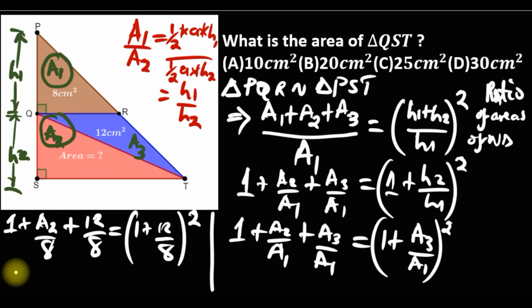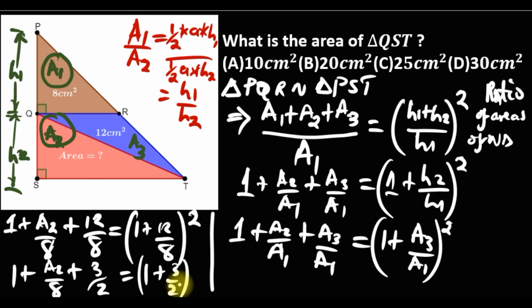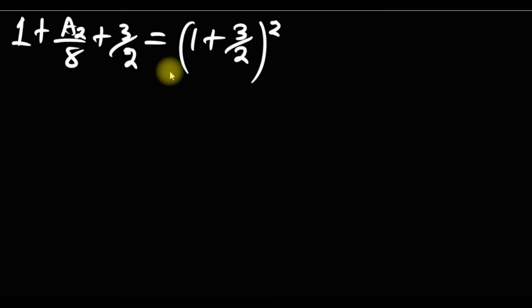Now you can see this is 1 plus A2 over 8 plus 3 over 2, since 12 over 8 reduces by dividing by 4. This is also 3 over 2, all squared. We are looking for A2, so A2 over 8 is now equal to 1 plus 3 over 2, which is 5 over 2.